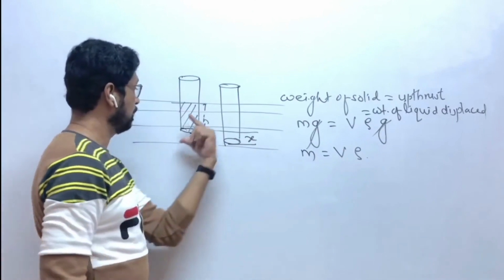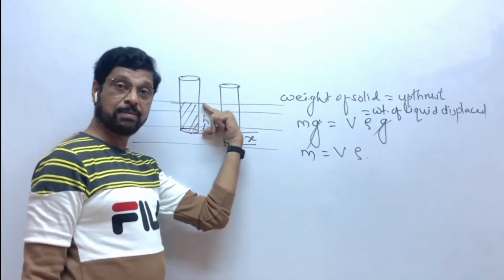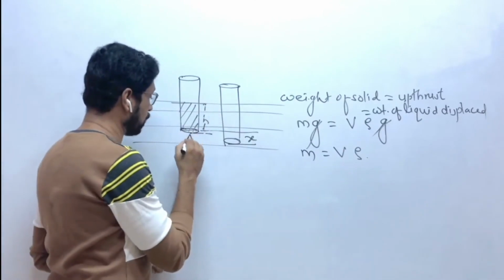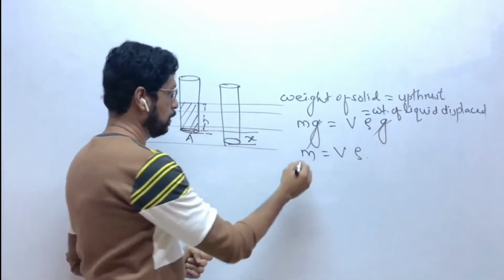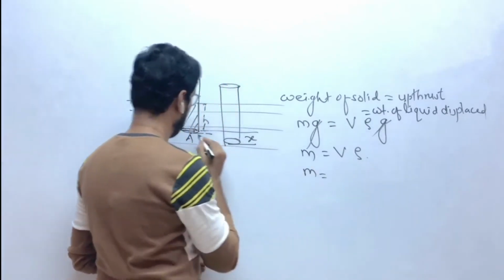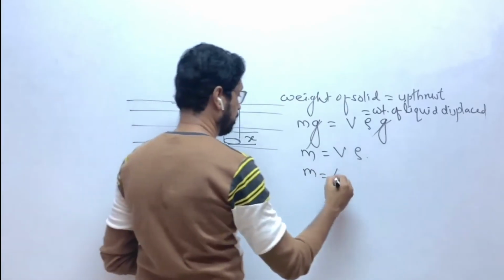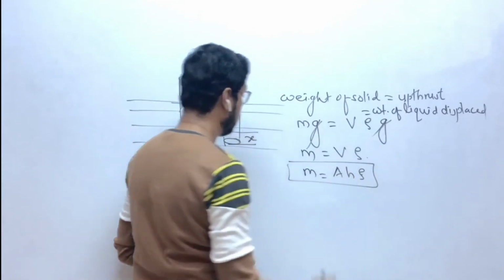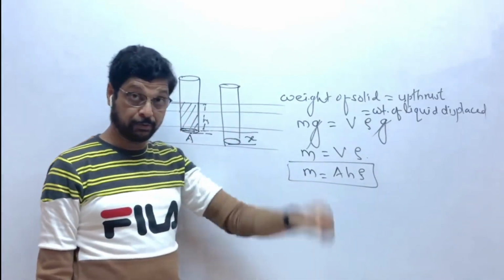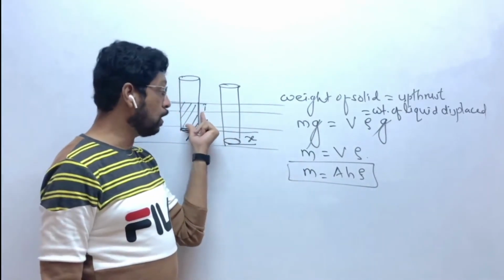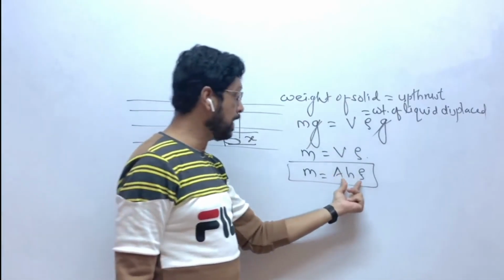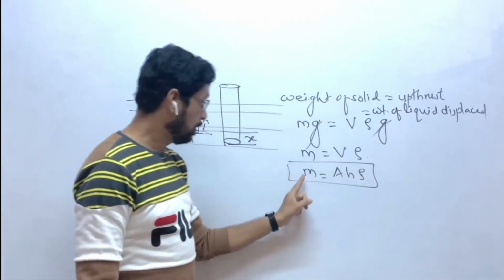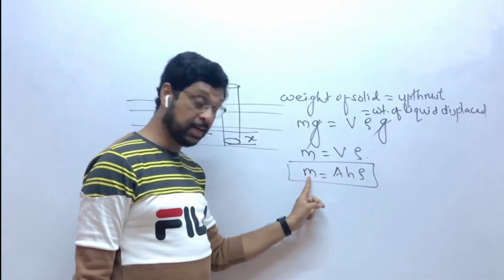This much: area of cross section into H. So mass will be V, meaning AH, into rho. Rho is the density of the liquid in which it is floating. So the mass of the floating cylinder is AH rho.